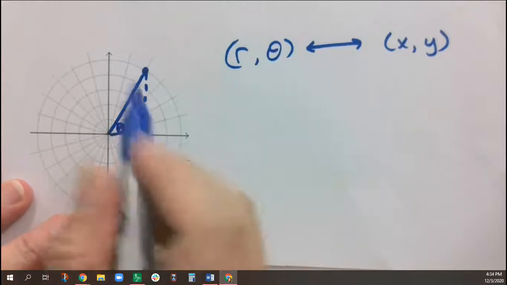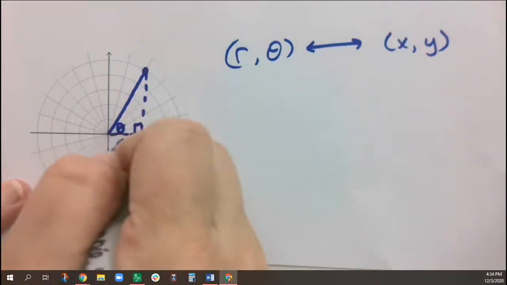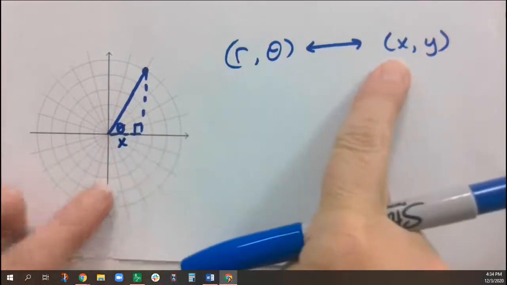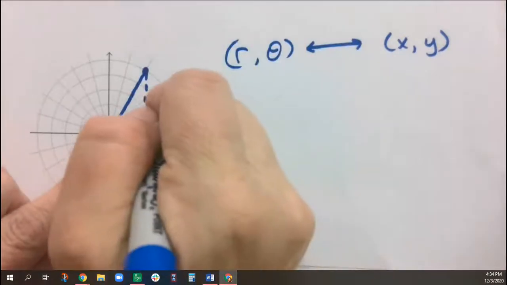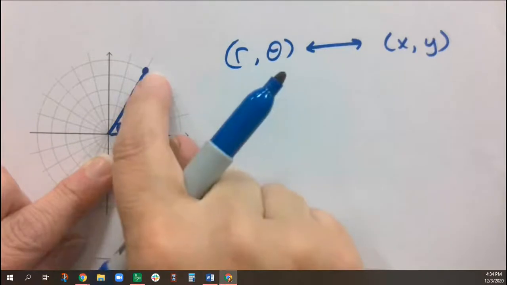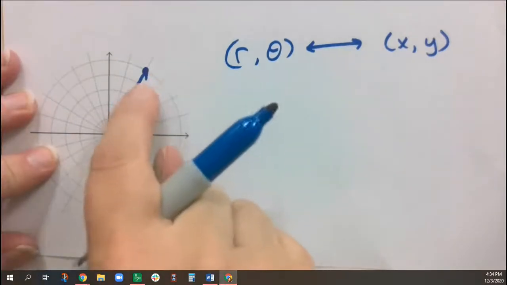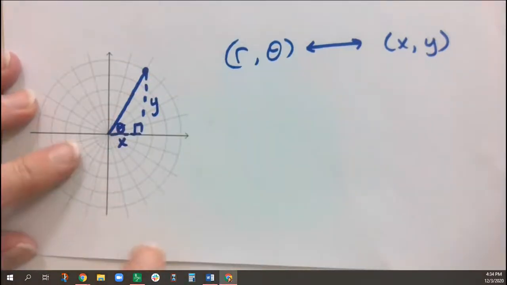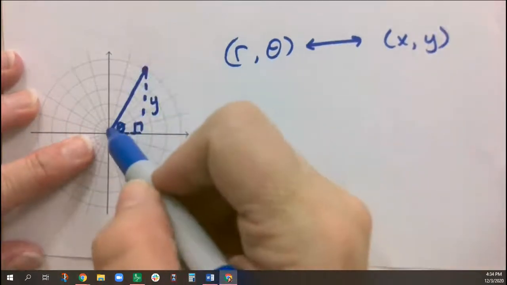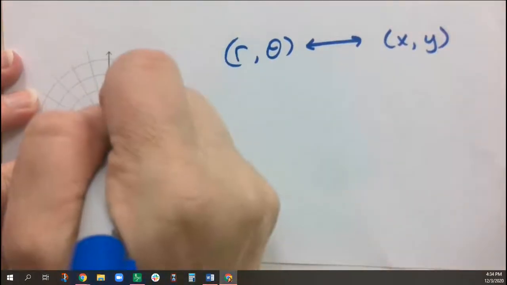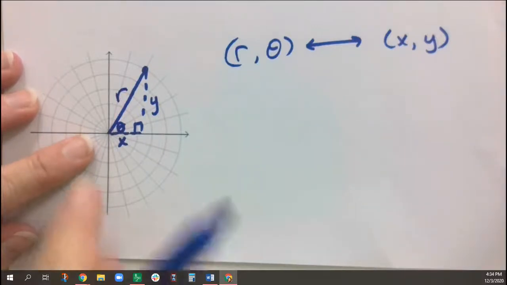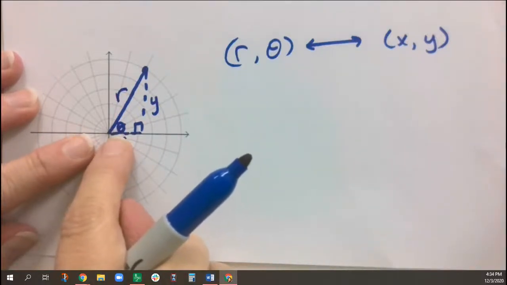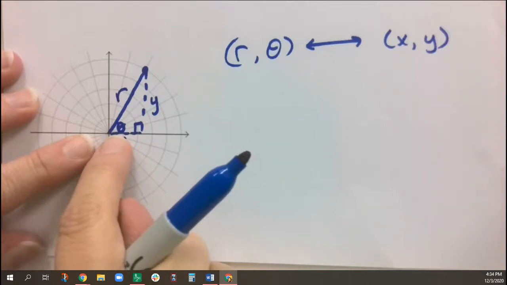The horizontal side down here would have a length of whatever the x coordinate is. The vertical side would have the length of whatever the y coordinate of that point would be. Think about this point on an xy plane. And then in polar, the hypotenuse of the triangle has the length of r. And then the theta, of course, is the angle that's represented down here.